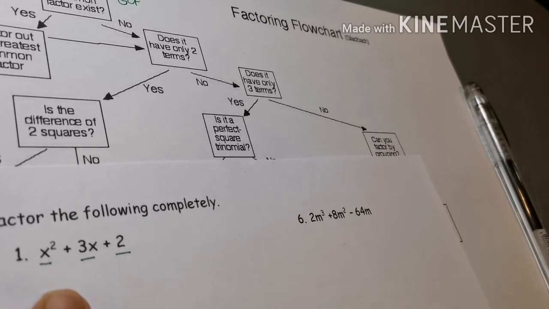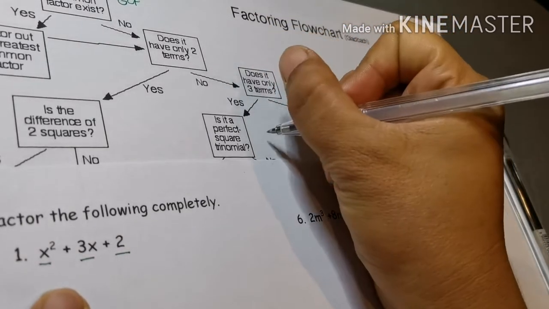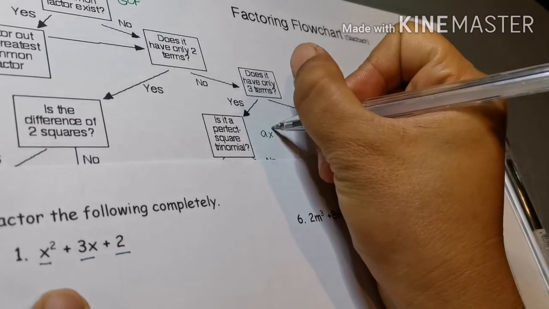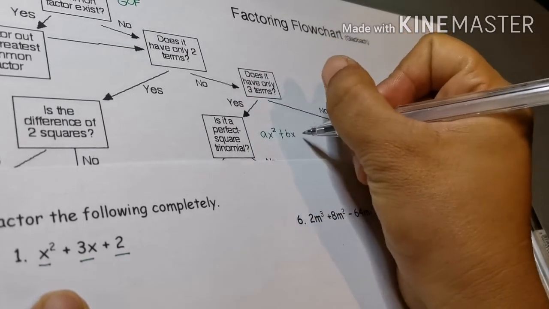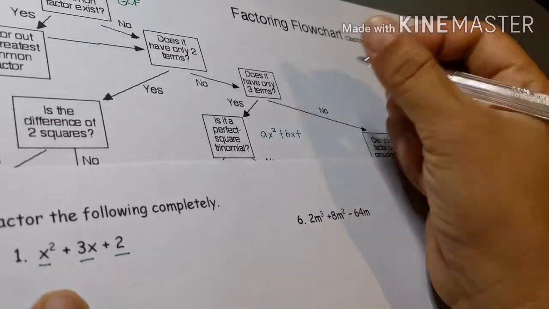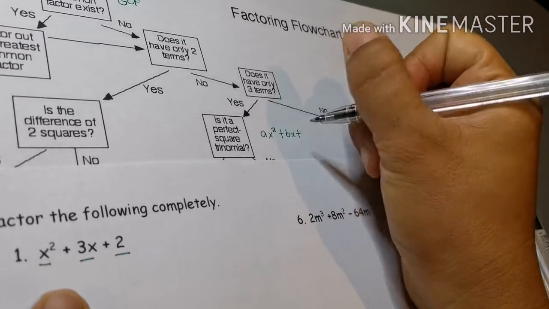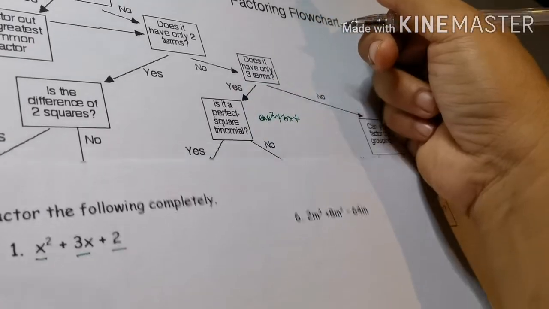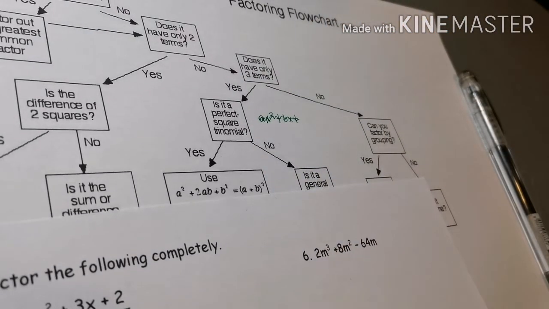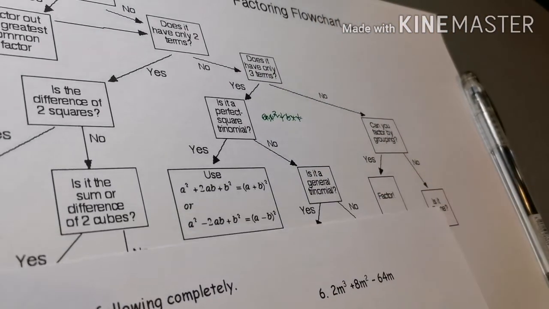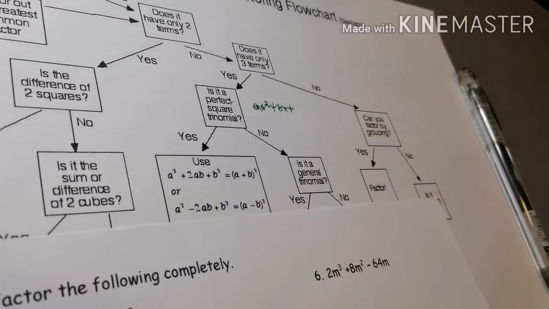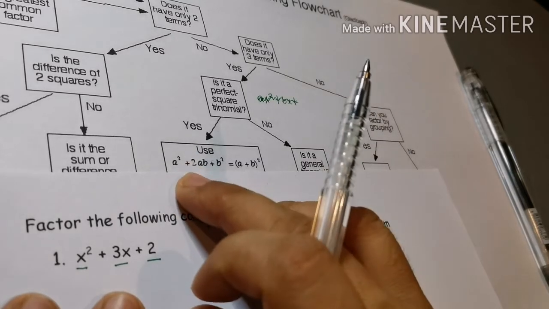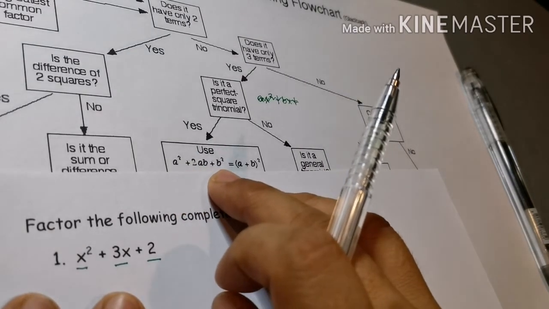How do you identify a perfect square trinomial? It is in the form a squared plus 2ab plus b squared.